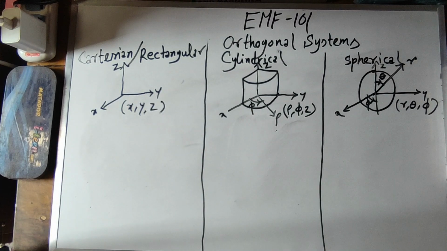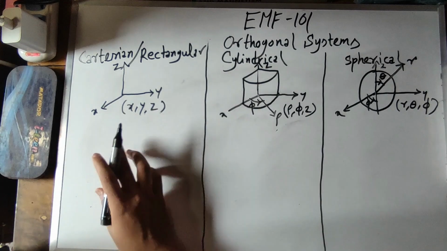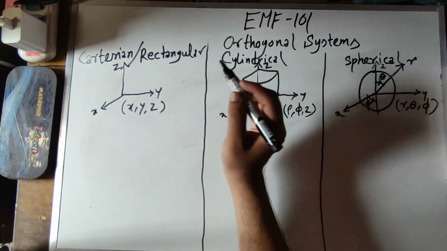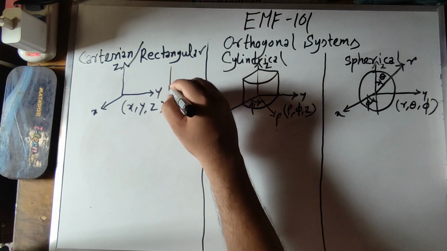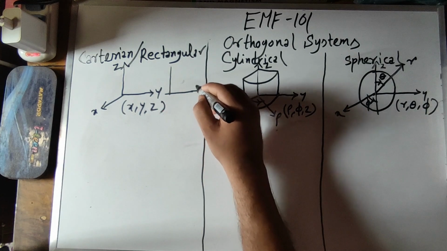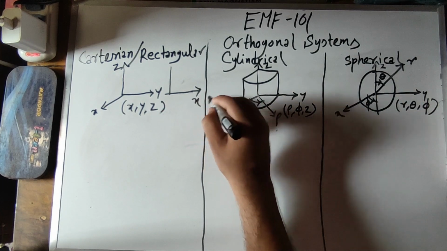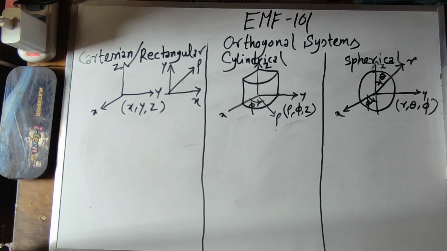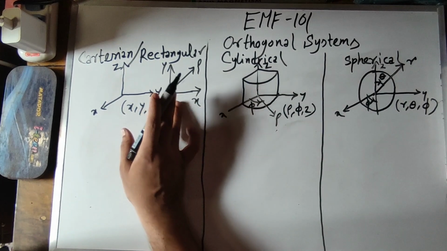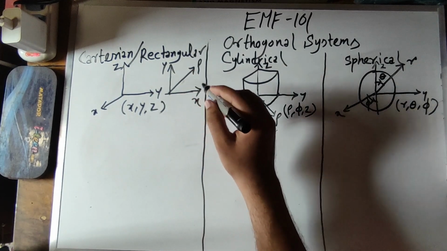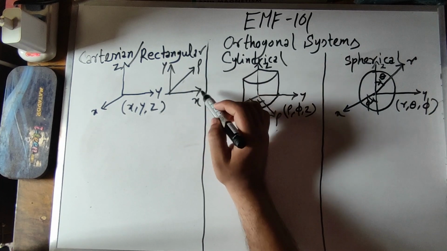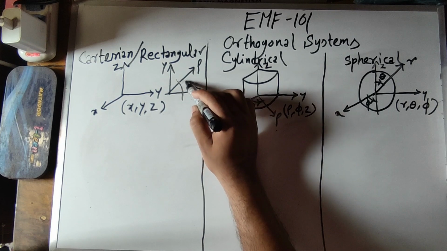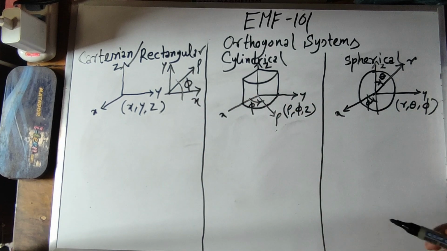As for the relationship, let me first draw a diagram. If this is x and this is y, then from this graph you can see that rho is completely on the xy plane, and rho makes the angle phi with the x axis.